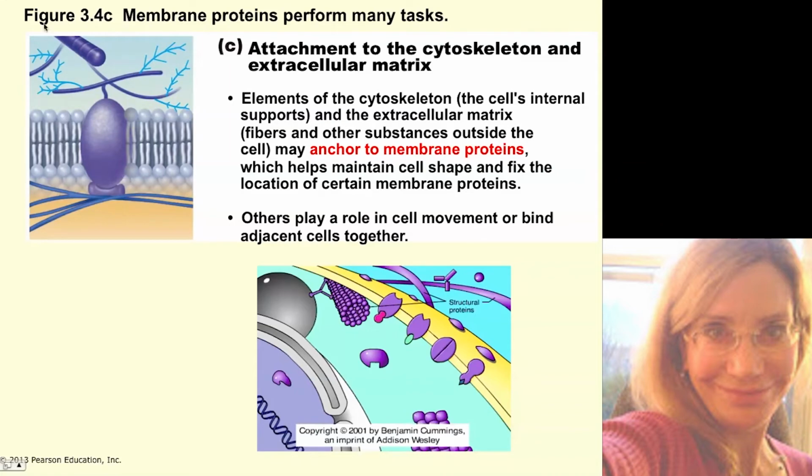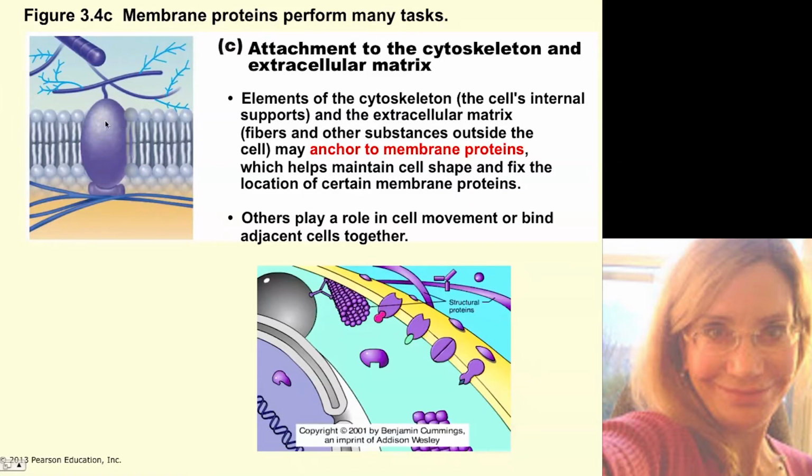Other proteins will form attachment to the cytoskeleton and the extracellular matrix. Remember, extracellular means outside the cell. So elements of the cytoskeleton, which are the cell's internal supports, and then the extracellular matrix, which are fibers and other substances outside the cell, may anchor to these membrane proteins.